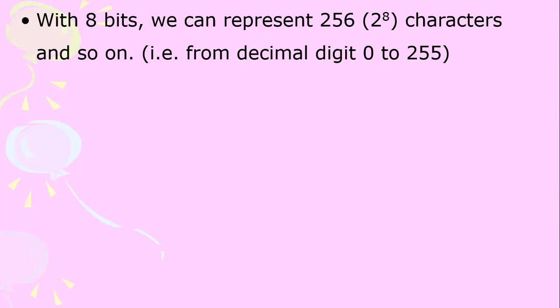My dear students and the rest of the learners, when I talk about 8 bits forming 256 characters, I mean the first bit pattern will be a series of 8 zeros, 00000000. That represents digit 0.